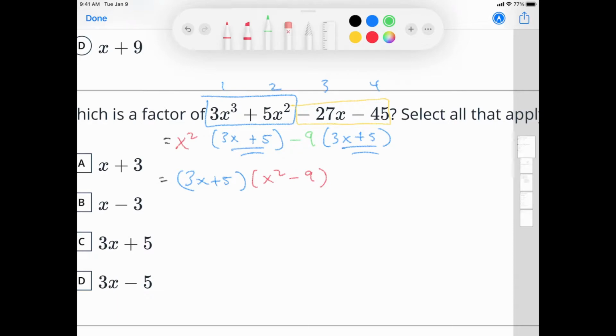And then here in red, this one factors again. That is an x squared plus 0x minus 9, so c is -9, b is 0. That would be a 3 and a -3 is your answer. And so I have 3x plus 5, x plus 3, and x minus 3.